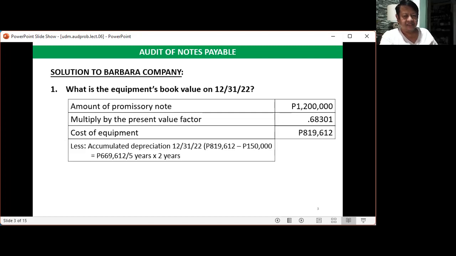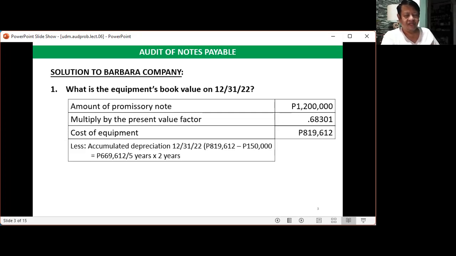So 819,612 minus salvage value of 150,000 pesos, the depreciable amount of the equipment is 669,612. We will divide this by 5 years because the estimated useful life according to the problem of this equipment is 5 years.